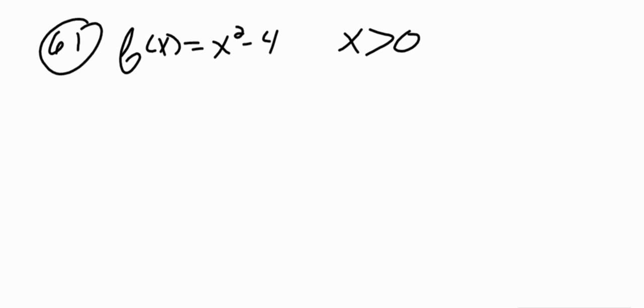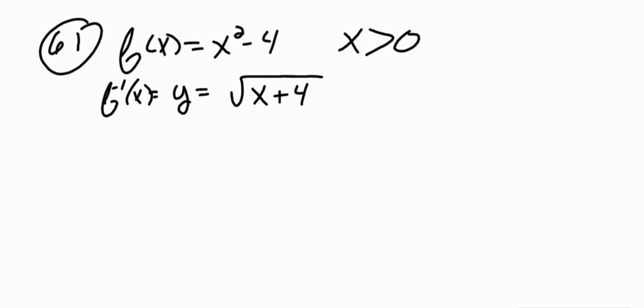Number 61 says, here's this function. And we want to definitely set up a restriction because I know it's going to happen where x's are greater than 0. If I want to find the inverse first, I would see that I get y, f inverse, and we have this. Okay, remember our restrictions are for x greater than 0.